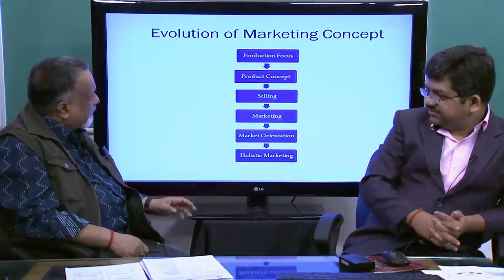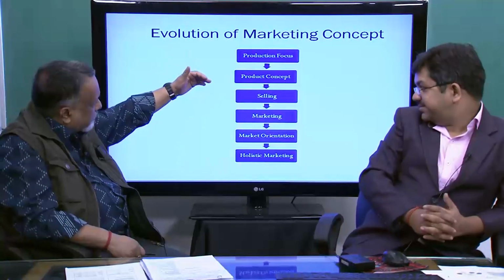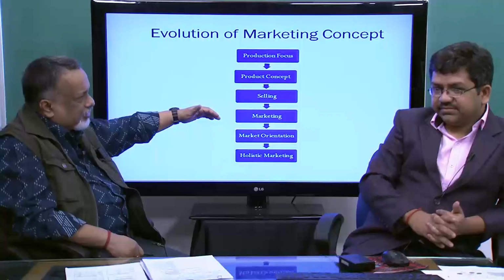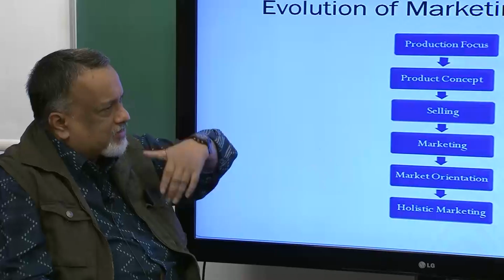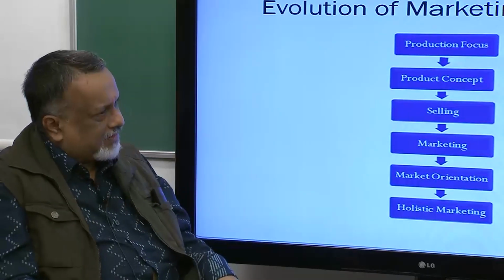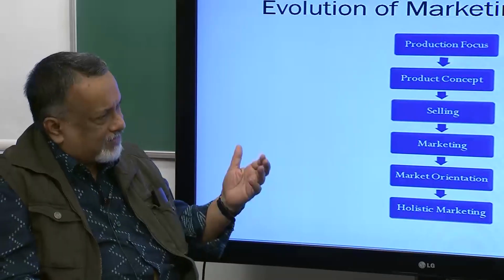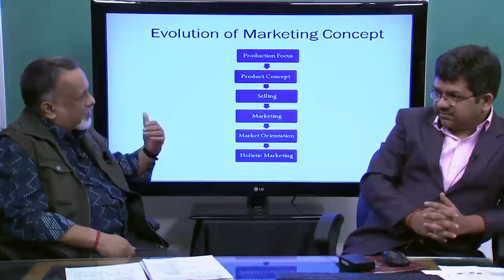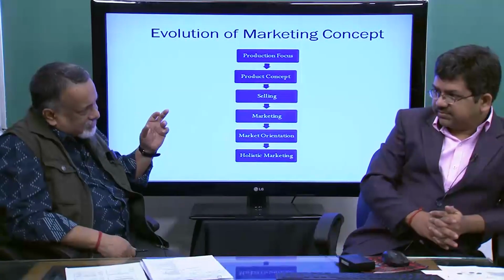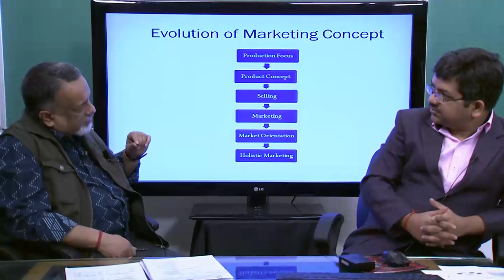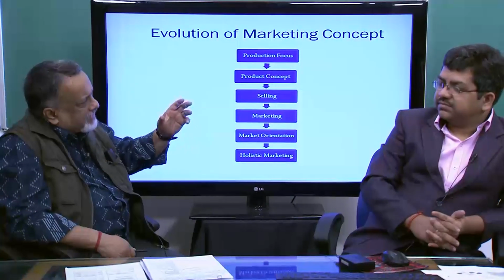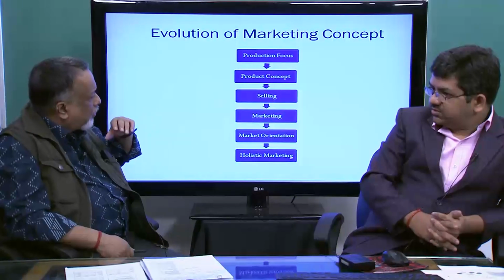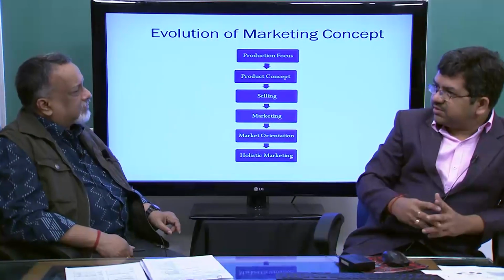Today, because of the evolution of the marketing concept, toothpastes are in all kinds of colors: blue, red, white, mixed colors, with the addition of peppermint and other ingredients. So product differentiation has been extended.